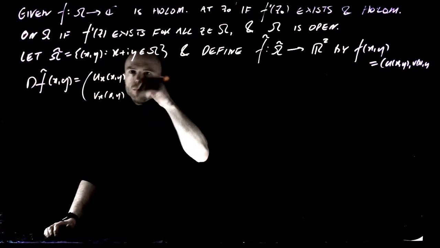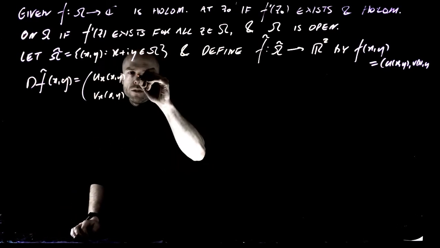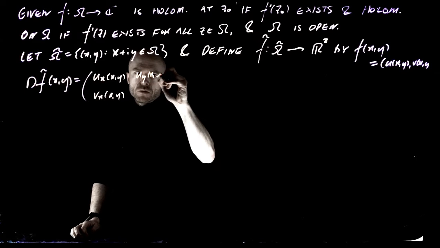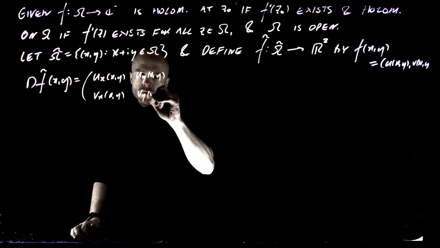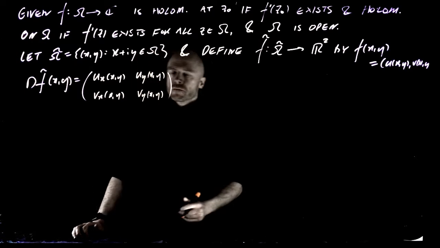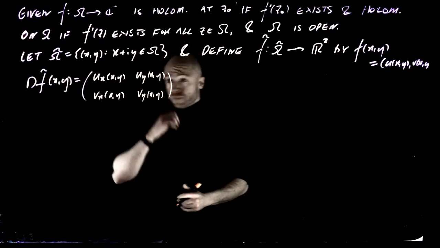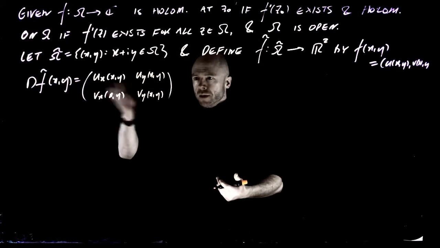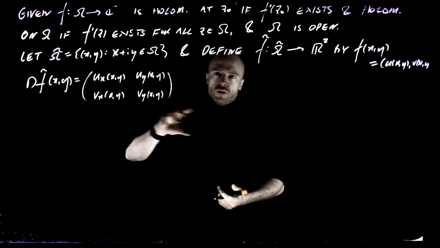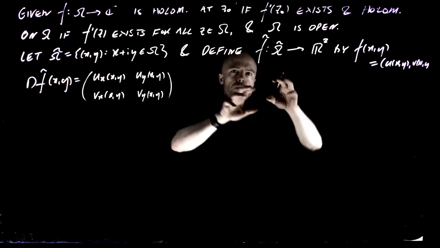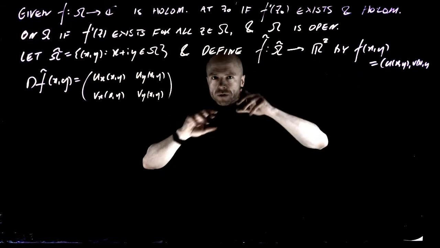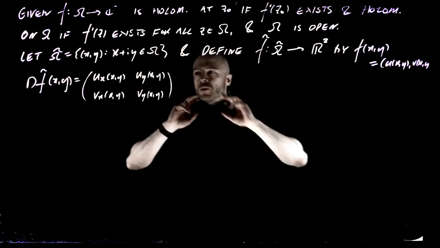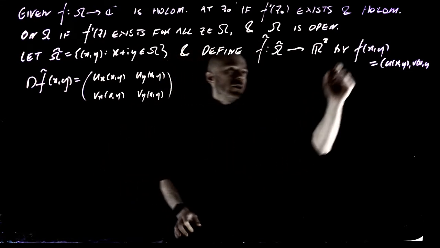And the second column is when we take the partials with respect to y, so it's u sub y, v sub y. Cool. So this is the general derivative for a function from R2 to R2, but we also know that we have the Cauchy Riemann equations. Let's put them over here.